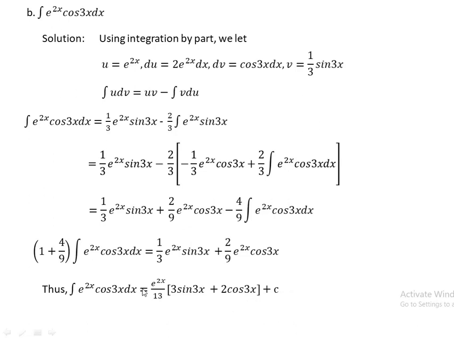Or in other words, this can be written as e to the power of 2x over 13 times 2 cos 3x plus 3 times sin 3x, plus c.